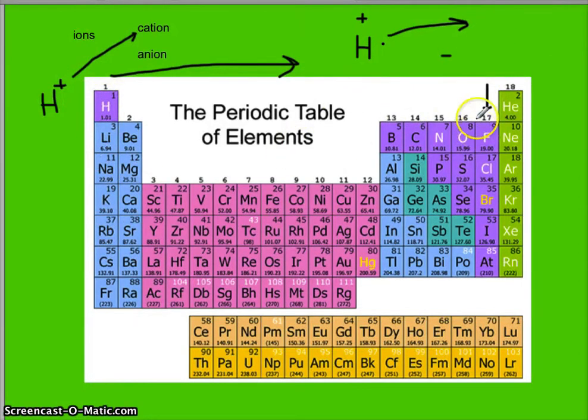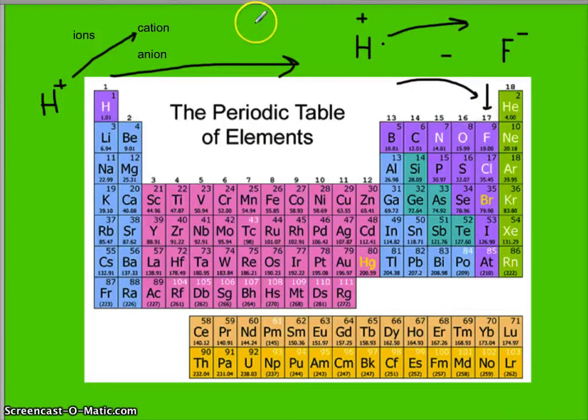So let's say fluorine accepts an electron, that means it's going to have more negative charges than it had before. So if it accepts an electron from another element, it's going to have more negative than positive, so you'd write it like this, and it has a negative charge. It would be an ion of fluorine. So that's kind of the basic gist of what an ion is.